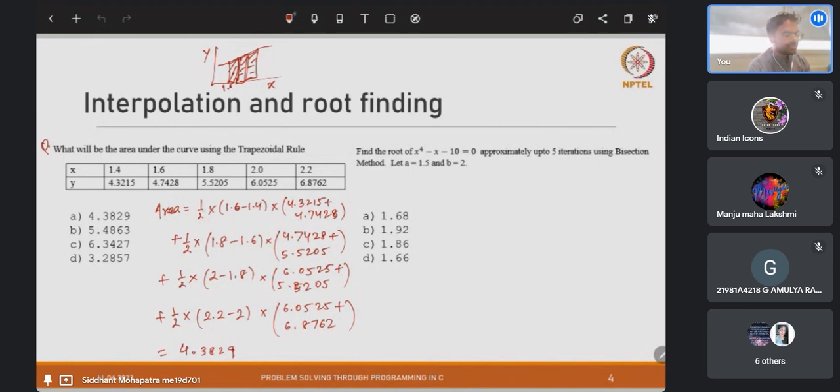Now half into the height into the sum of the sides, and I do that for all the trapeziums: the first from 1.4 to 1.6, the second from 1.6 to 1.8, the third from 1.8 to 2.0, and the fourth from 2.0 to 2.2. I take all the trapeziums separately, calculate their area under the curve, as asked in the question, and I get a value of 4.3829, which is option A. Is that clearer now?